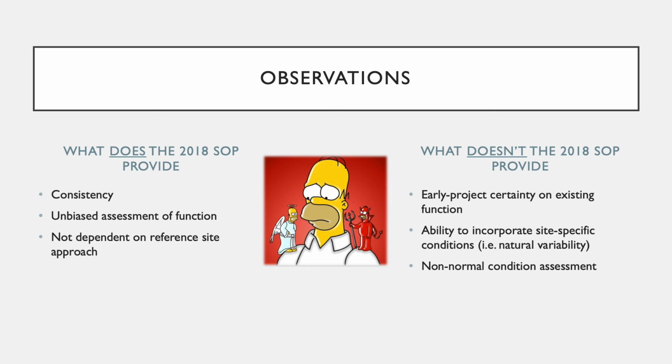You may have slope-driven hydrology or groundwater return flow hydrology and not riverine. And this method doesn't really allow us to evaluate those differences in hydrologic source. It also doesn't allow us, if non-normal conditions are present, to evaluate function during atypical years or seasons.